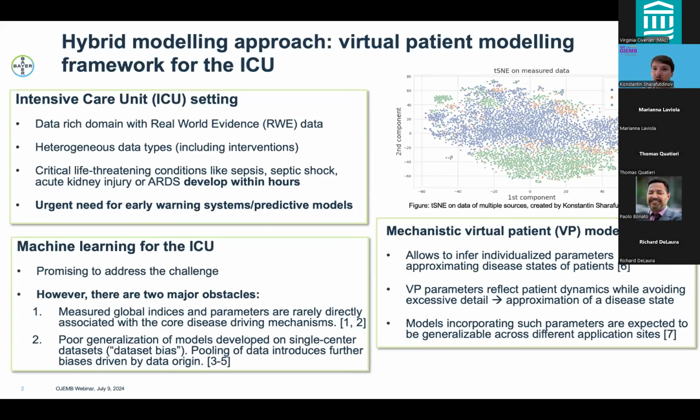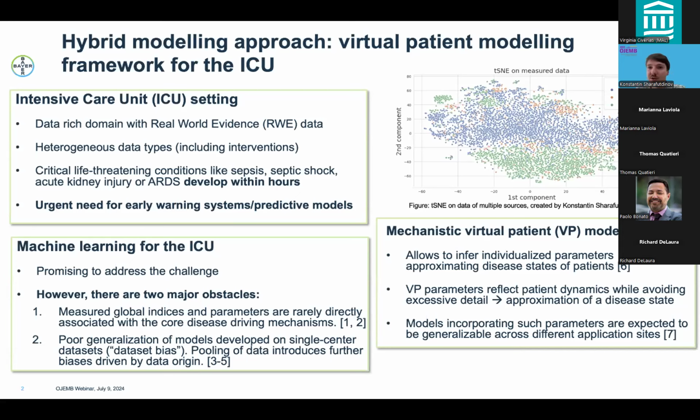So our approach was to apply mechanistic modeling, so make a hybrid model that allows us to fit the pulmonary simulator to the real patient data, and then infer the individualized parameters, and try to utilize these parameters and see whether they're more generalizable than the original measured variables.